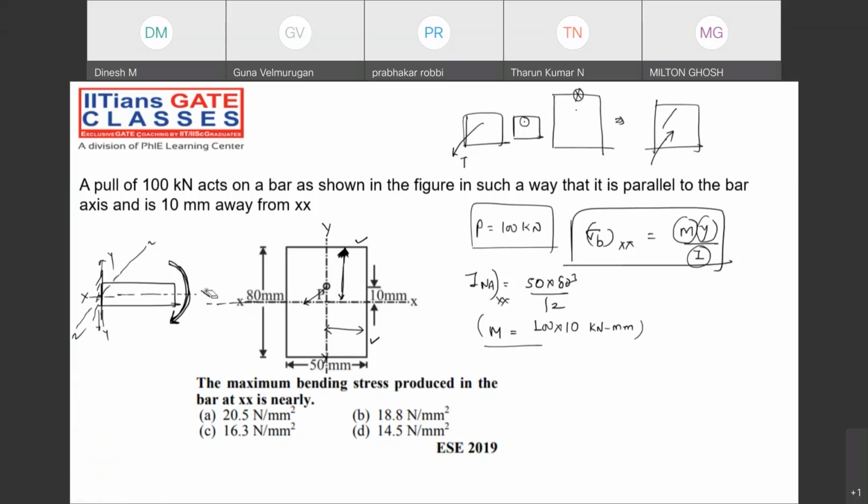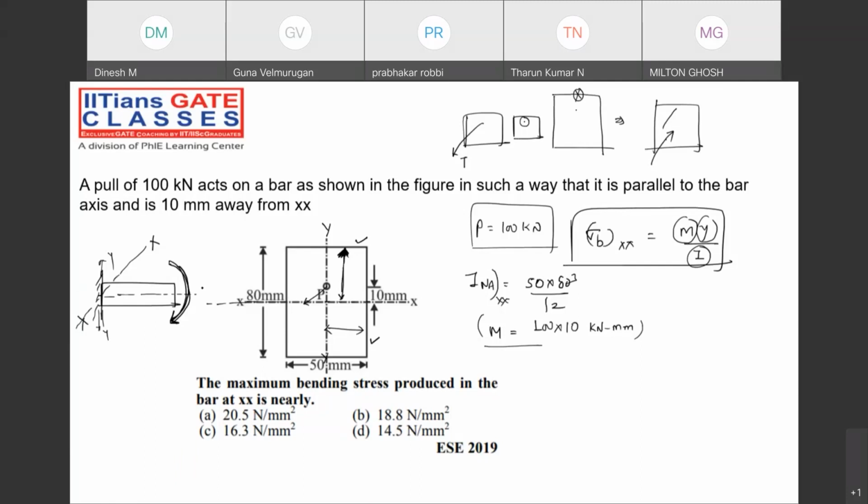Let me make it clear. The x-axis will be something like this. Check it out. Perpendicular to the laptop screen. Can you check it out? X-axis will be perpendicular to the laptop screen. Perfect.